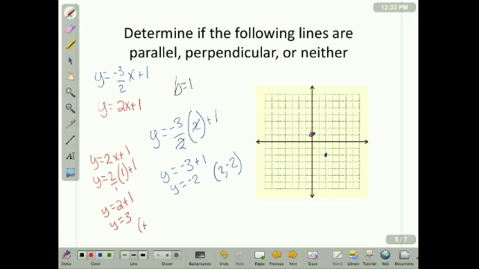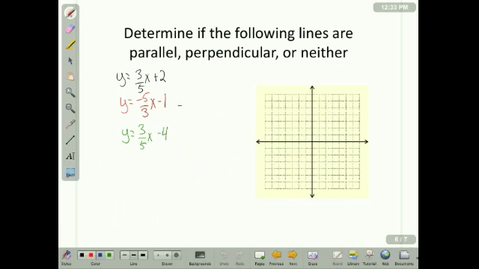When x is 1, y is 3. 1, 3. And I can go ahead and graph both these lines. In this situation, these two equations, this would be a neither. And it would be a neither for the simple fact that the slopes are not the same, but they're also not opposite reciprocals of each other.